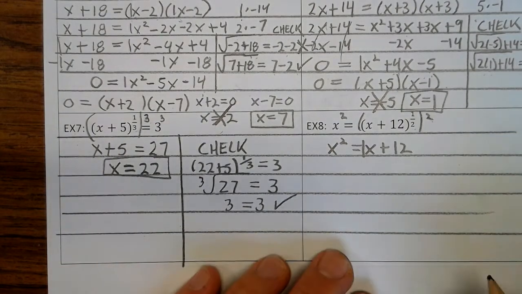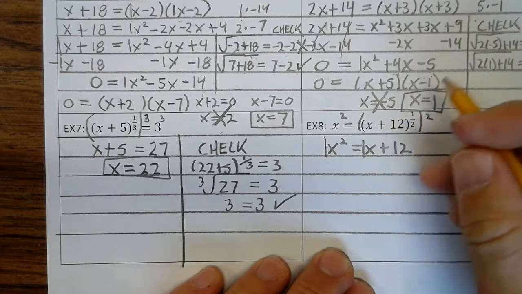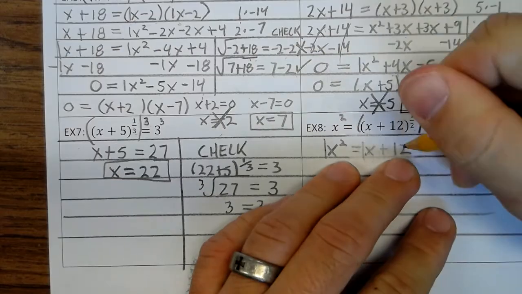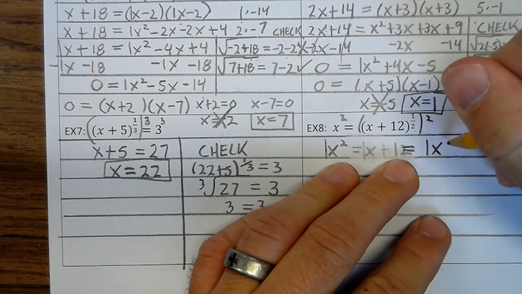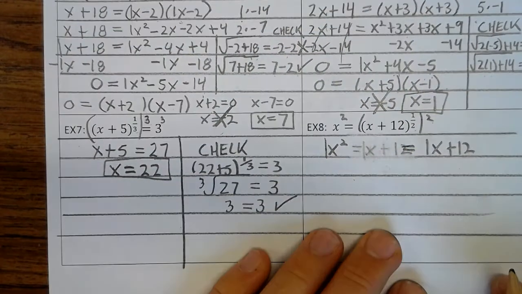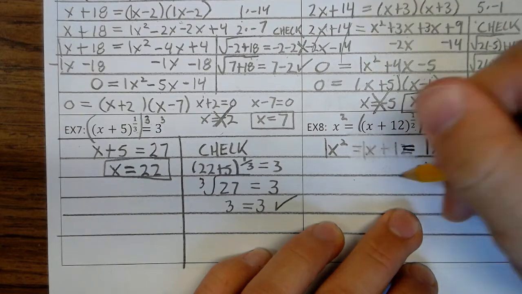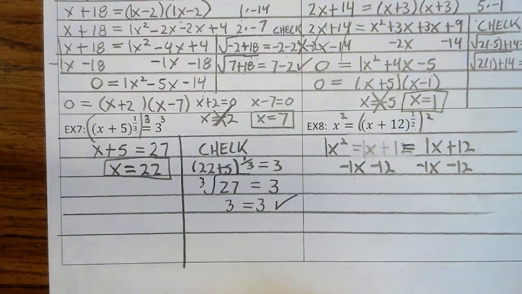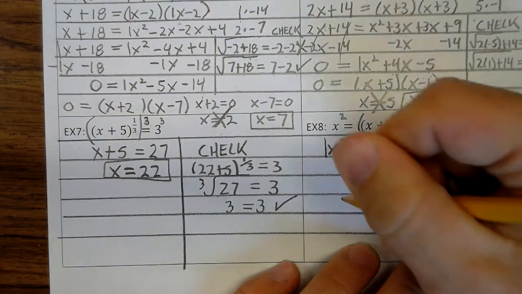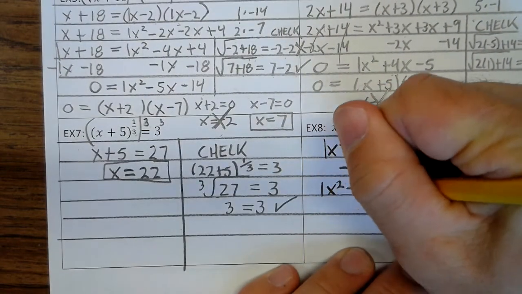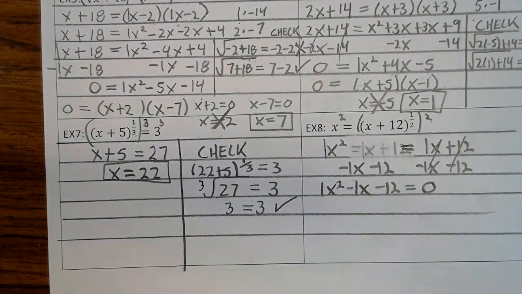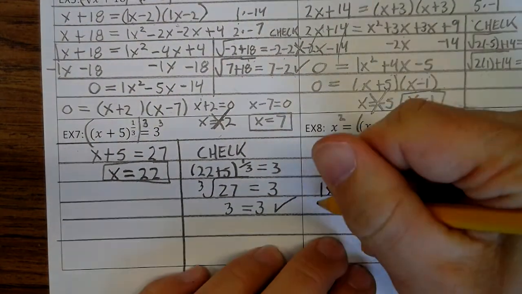All right. So I'm going to write this like this actually, because I need to show you that we're going to subtract 1x from both sides and subtract 12 from both sides. Cancels, cancels, you get 1x squared minus 1x minus 12 equals 0. And we did that because we need to factor.